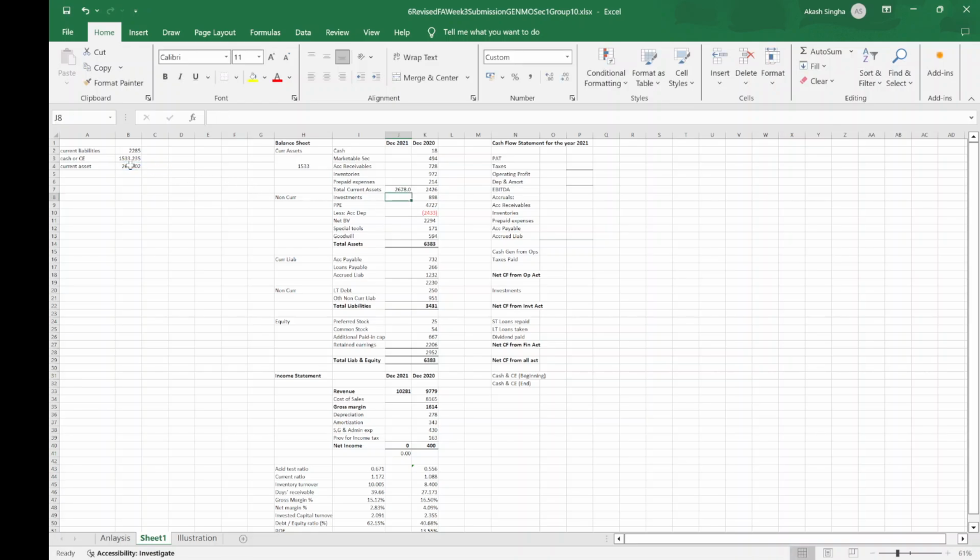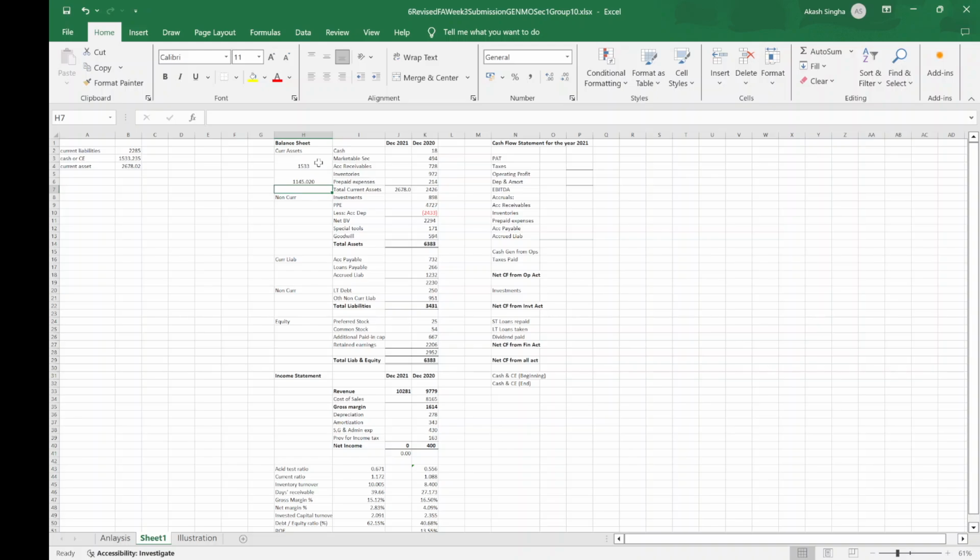Now, inventory and prepaid expense should be this minus this.